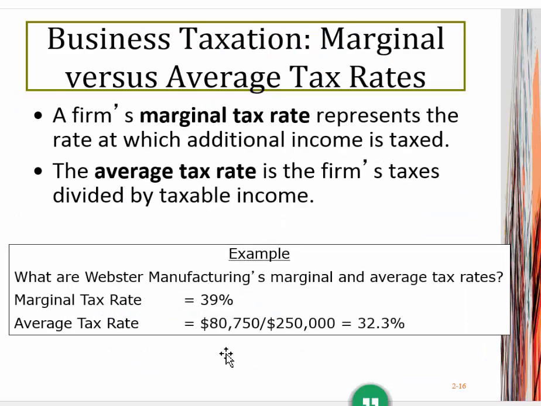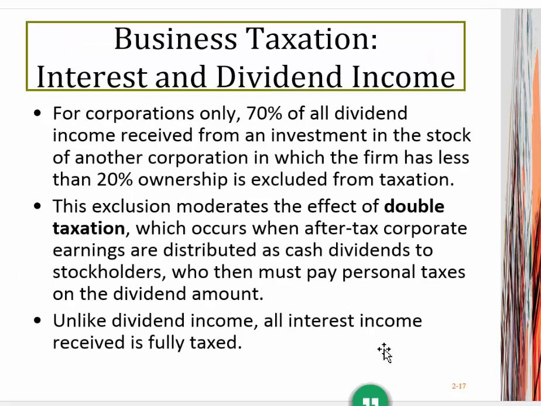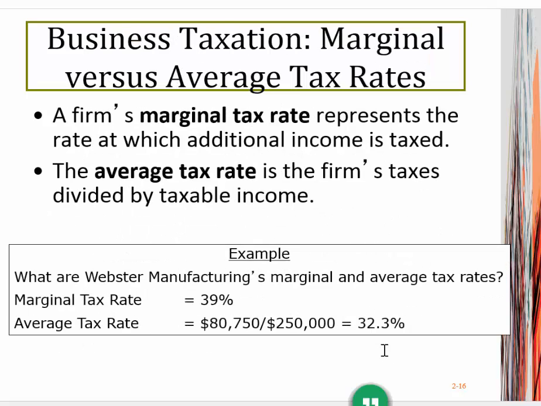Now, the average tax rate is the amount of tax, $80,750, divided by the taxable income, $250,000. So the actual average tax rate is 32.3%. My question before we move on is, which one of these is most important? The answer is the marginal tax rate is the tax rate that you want to use for making financial decisions.